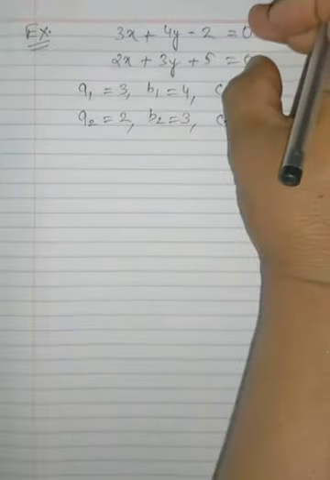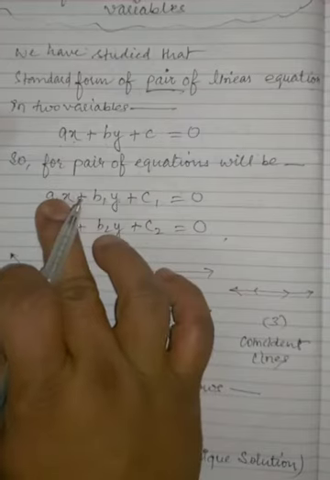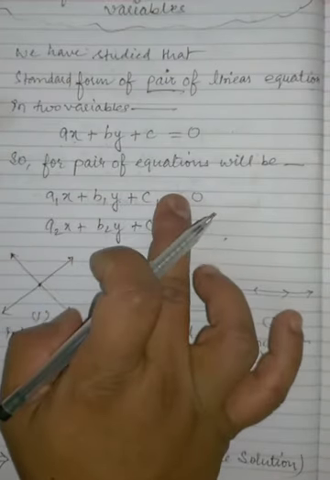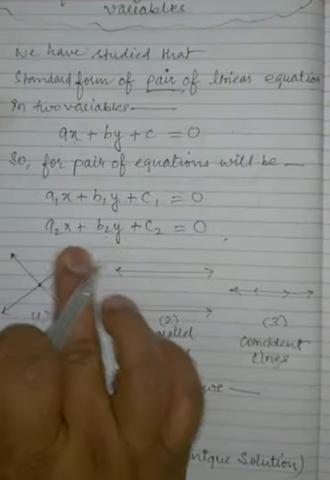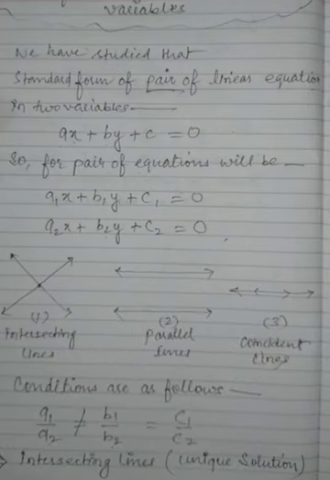I have compared both the equations with the standard form, this one, A1x plus B1y plus C1 equal to 0 and A2x plus B2y plus C2 equal to 0. Okay, so we got these values of A1, B1, C1 and A2, B2 and C2.